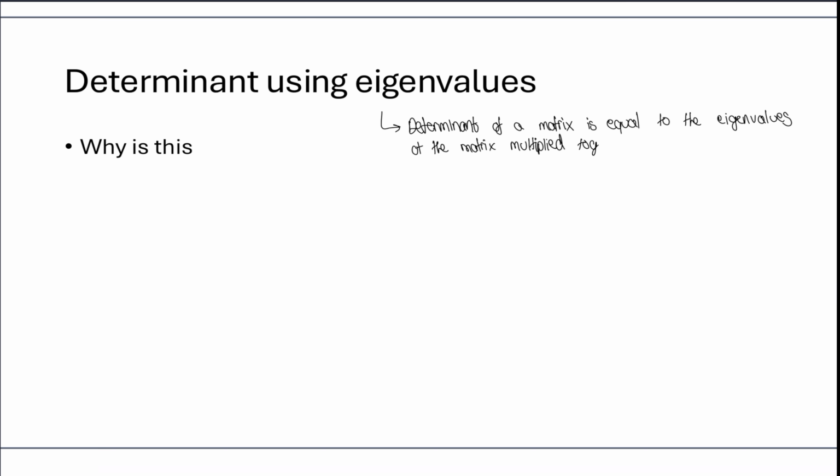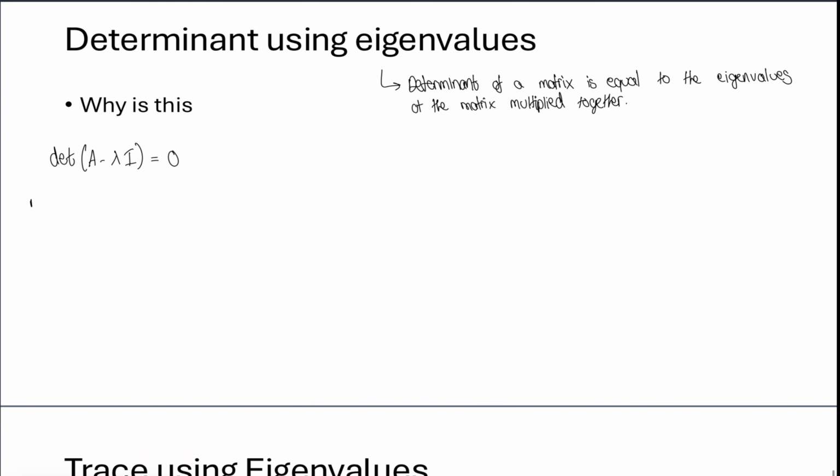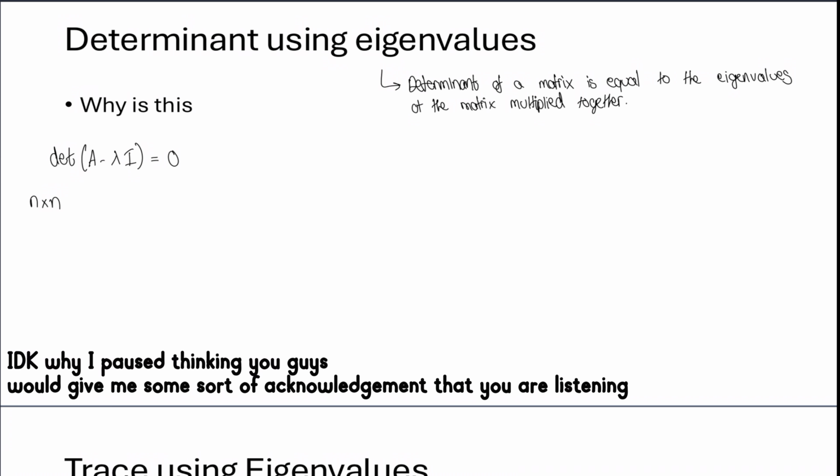multiplied together. So for a matrix A, the eigenvalues are defined using the characteristic equation, which is that det(A minus lambda I) is equal to 0. So let's say we had some sort of n times n matrix, then the polynomial that this characteristic equation gives will have a degree of n, right?